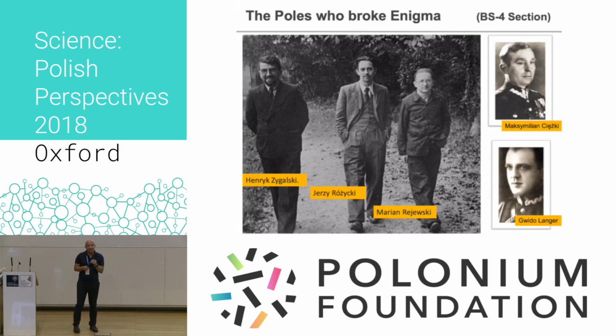The Poles had intelligence from agents in the field that provided Ciężki with some transcripts of messages that were also decrypted independently by those three guys. So he could actually compare the messages from two different sources. He never told those mathematicians that he had another source where he knew what the Germans were talking about. And comparing the two, he was absolutely surprised that those mathematicians knew what they were talking about. They really were breaking those ciphers.